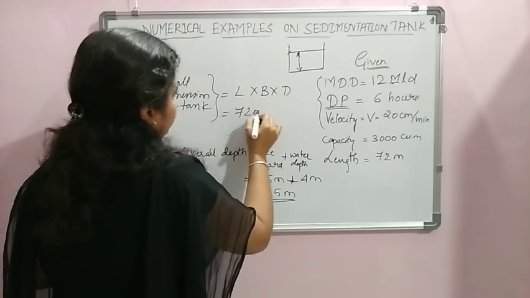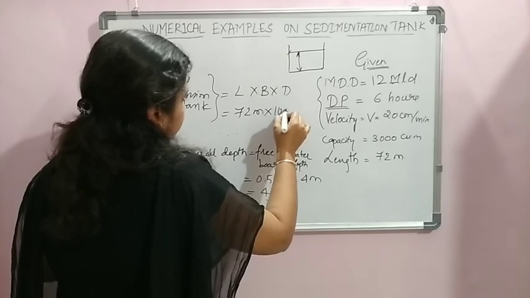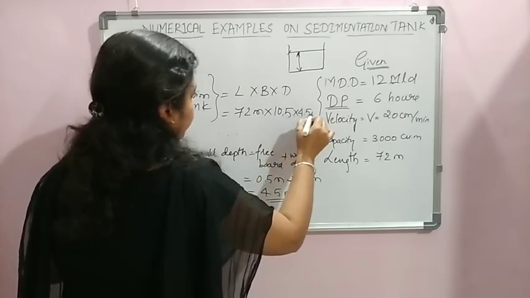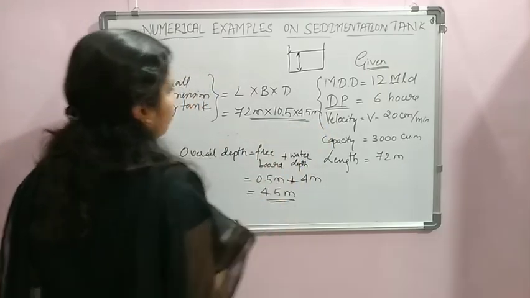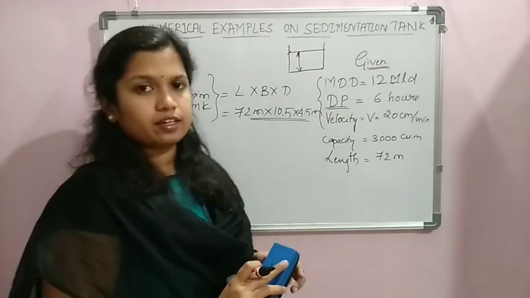So 72 meter into the width 10.5 meter into the depth 4.5 meter. This is the required overall dimension of the sedimentation tank.